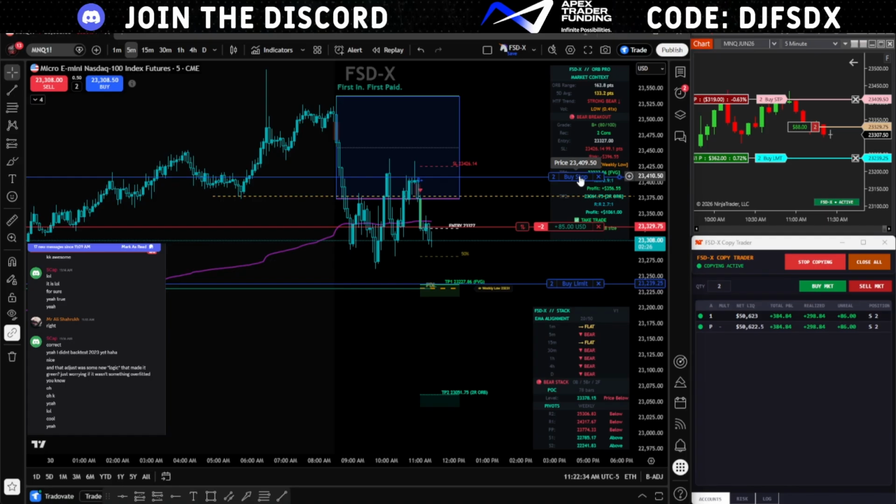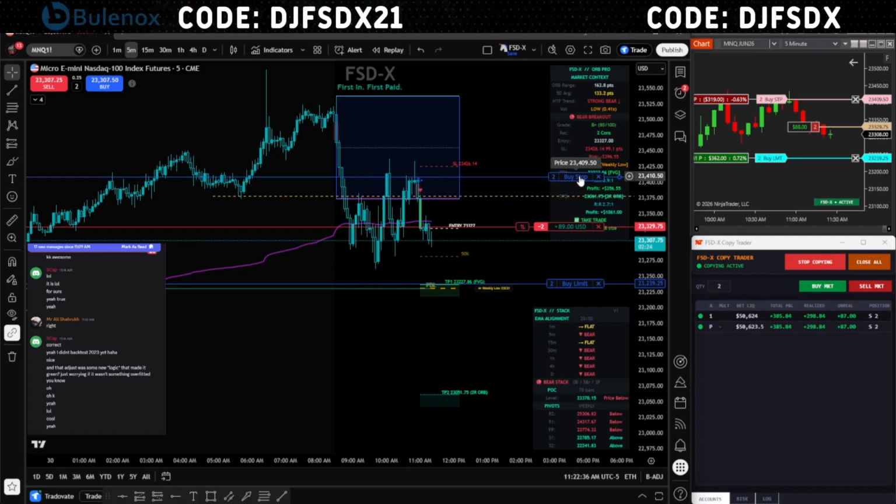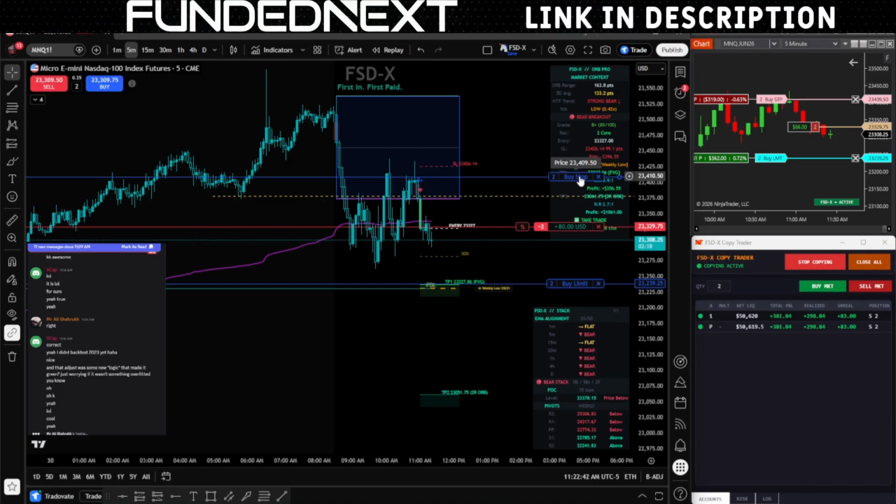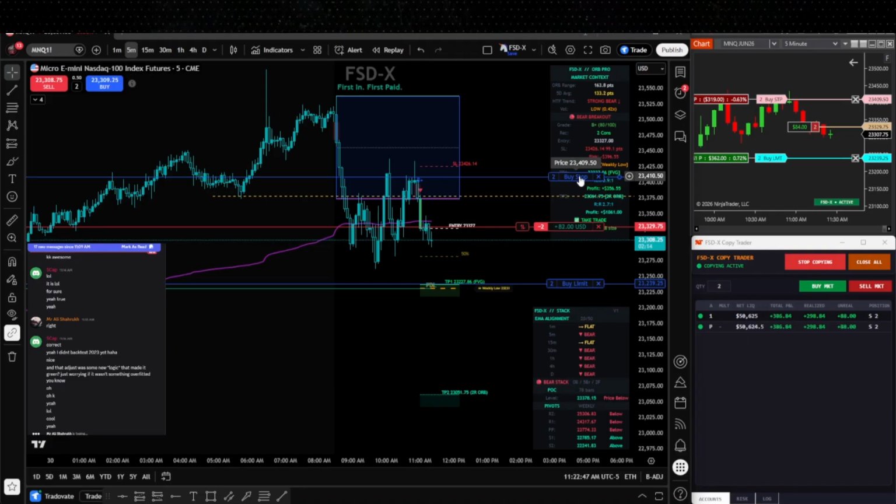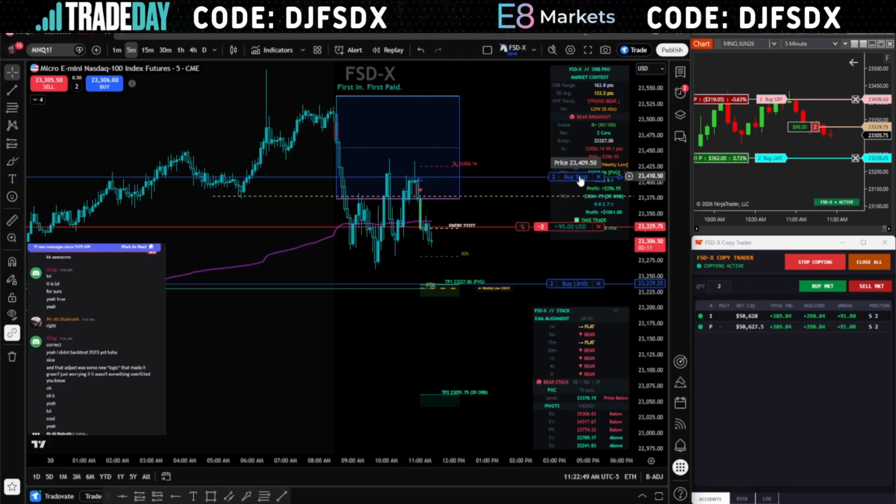Yeah, I haven't added any new logic to this thing. It's more adjustments. But as for adding new stuff, it comes to the point where adding more stuff is just gonna hurt it. It's just gonna restrict it too much and complicate it.